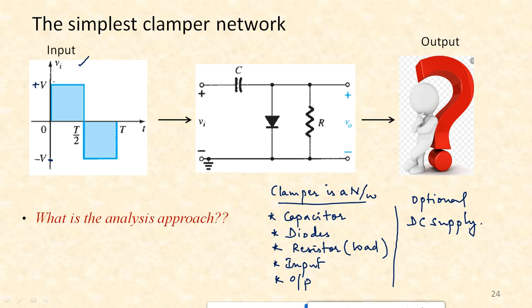A clamper circuit may consist of an additional DC supply or it may not have it. It doesn't matter. Further, the statement also says that the capacitor C is connected in between the input and the output.